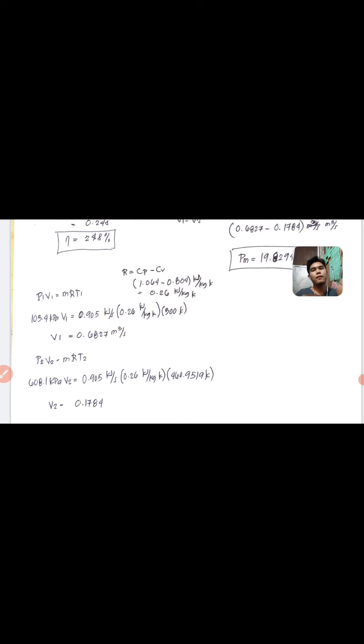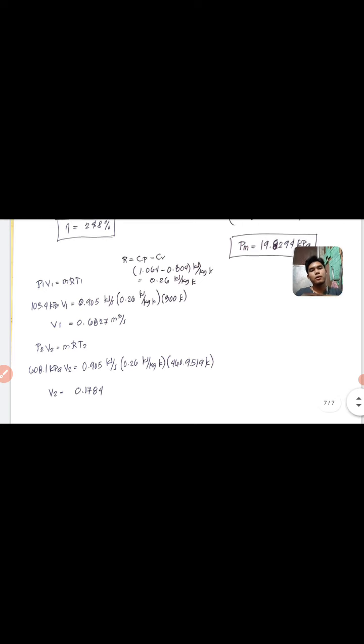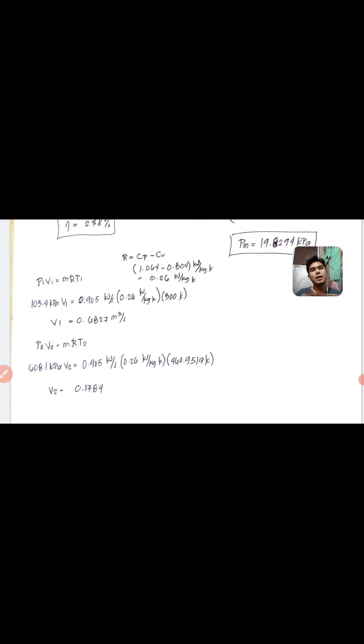Substituting the values in the perfect gas law and using shift solve in our calculator, we can get the value of V1, which is 0.68827 cubic meter per second.